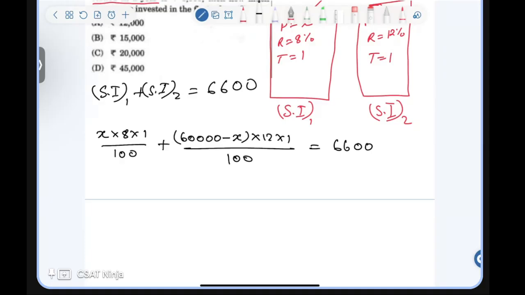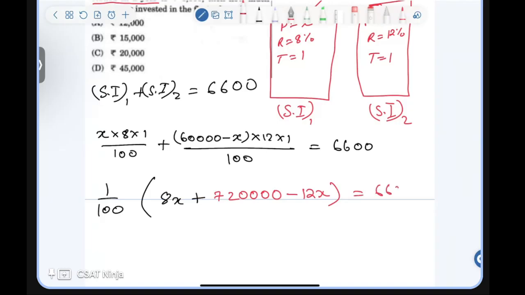One thing I'll do is take 1 by 100 common out. X into 8 is 8x plus, I'll multiply this one, 12 into 60,000, which is 7,20,000, minus 12x is equal to 6,600.